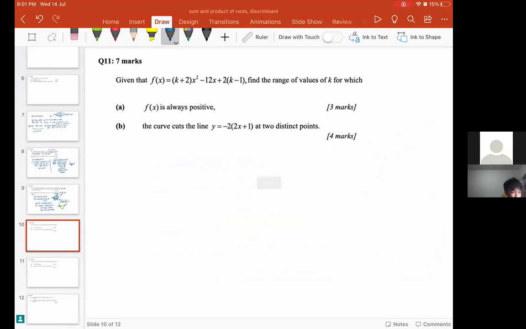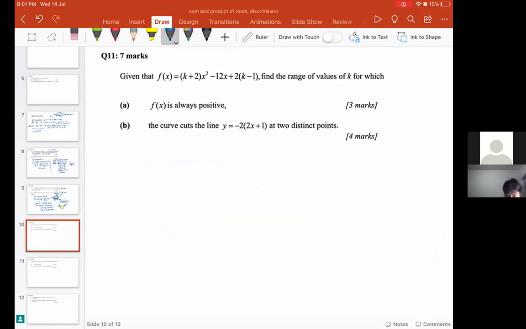They tell us, given that f(x) equals k plus 2 and so on, is always positive. Find the value of k. Okay, so knowing this, we can substitute in our values. In this case, we can let f(x) be y is equal to (k plus 2)x squared minus 12x plus 2k minus 1.